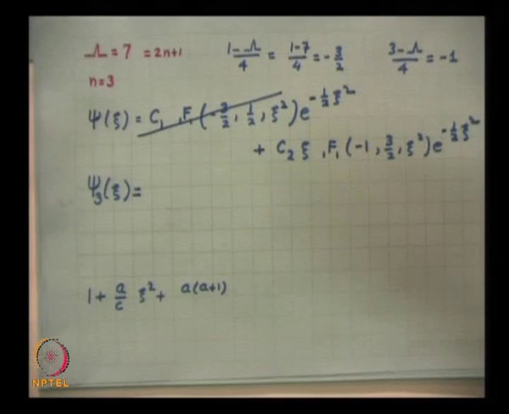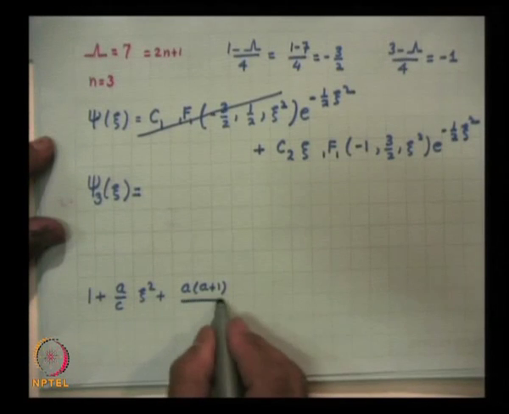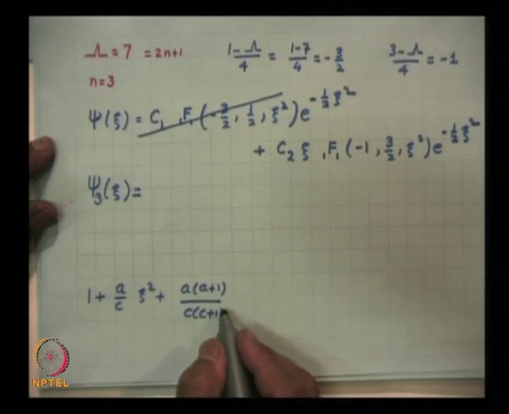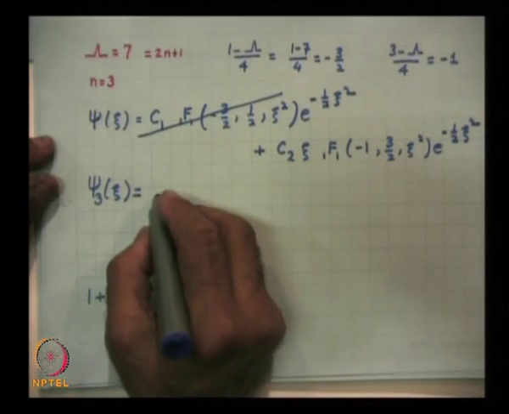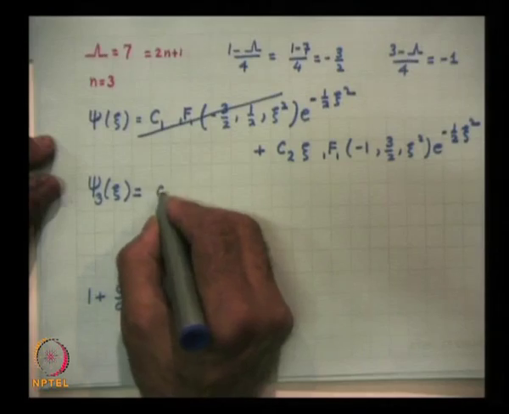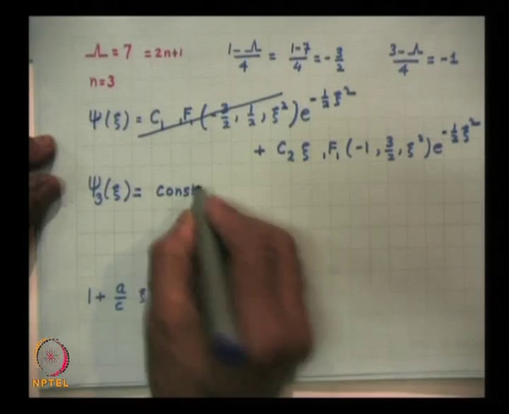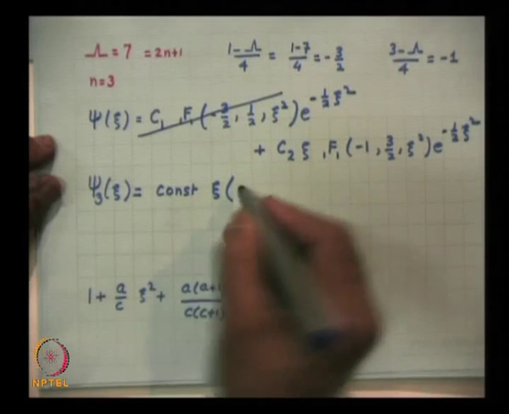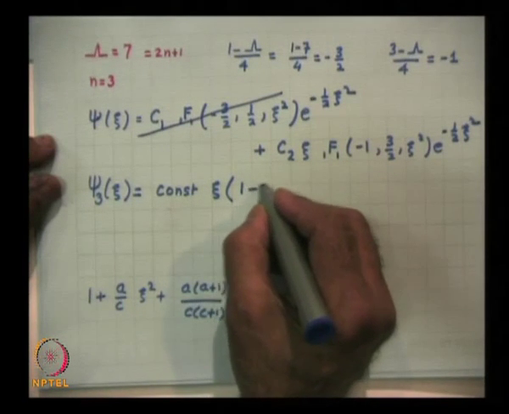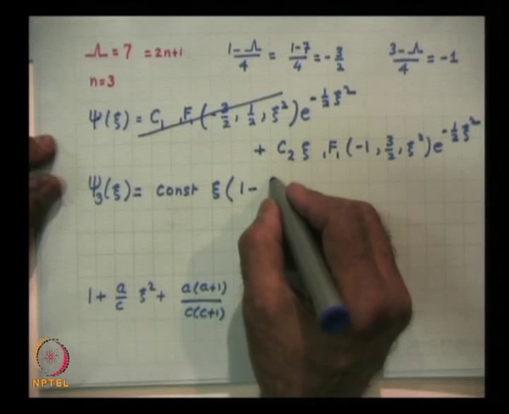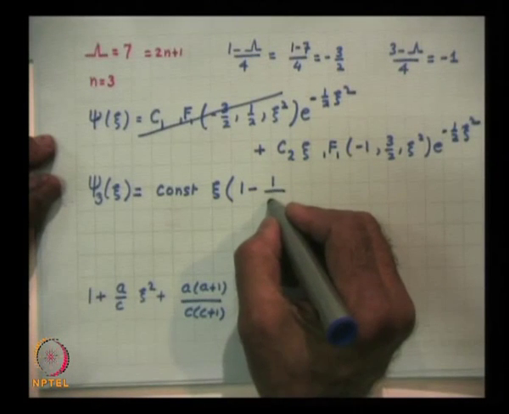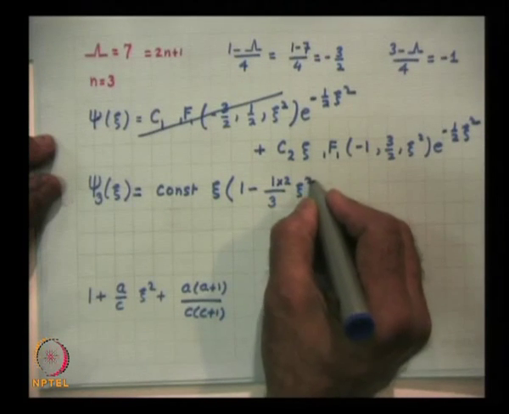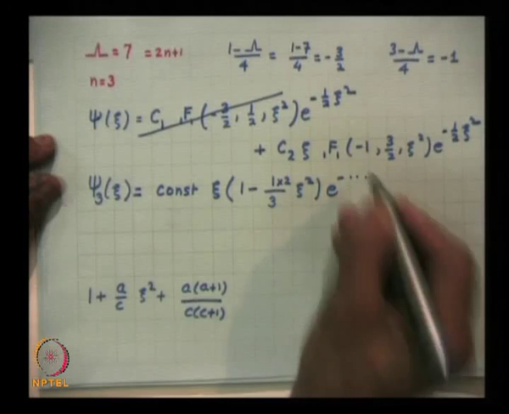So, this will cancel out, this will be 0, C plus 1, this will be 0, and you will have some constant xi into 1 plus A is minus 1, so minus 1 divided by 3 by 2, that is minus 2 by 3 xi square, into e to the power of minus this thing.